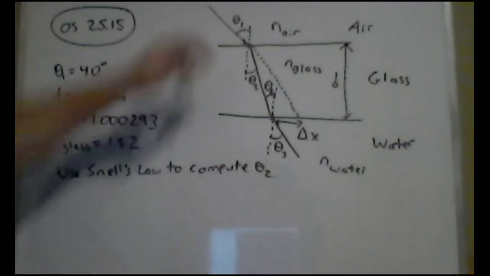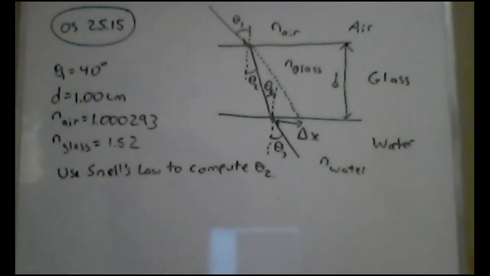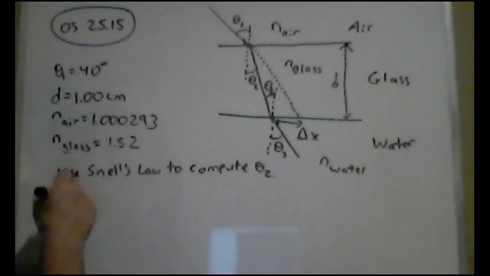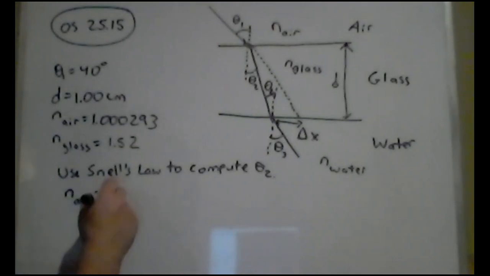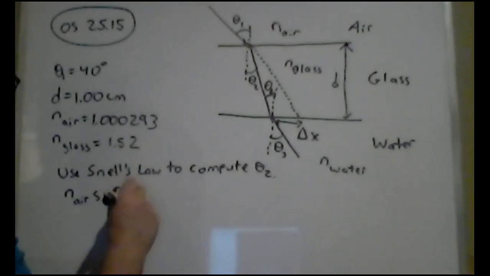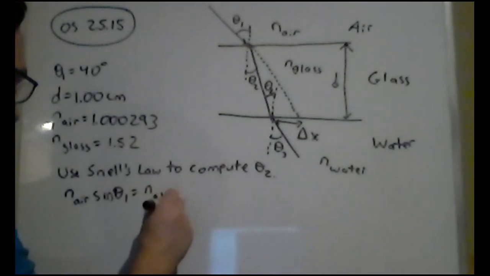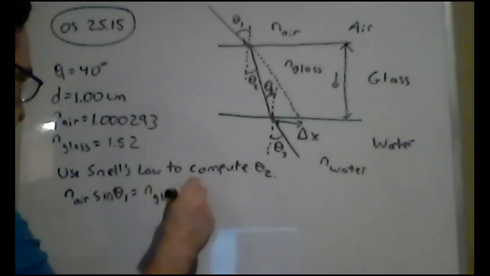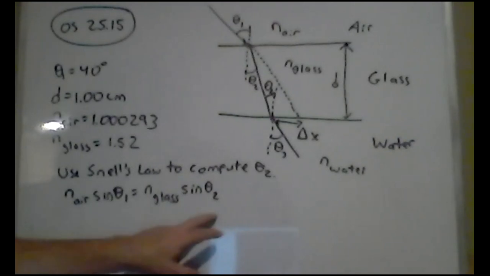I'm over here at this upper vertex, and so how would I do that? Well, it's going to be N air sine of theta 1 is going to be N glass times the sine of theta 2. I really want theta 2.